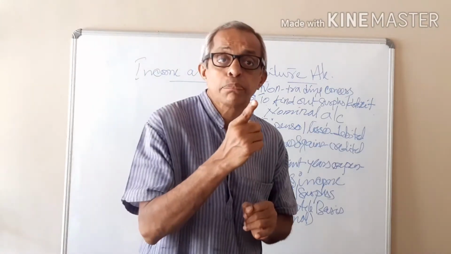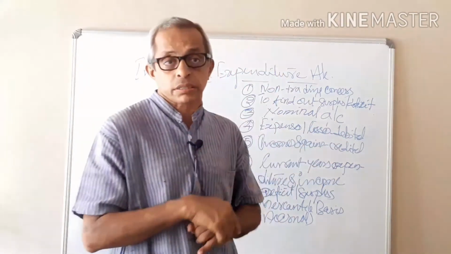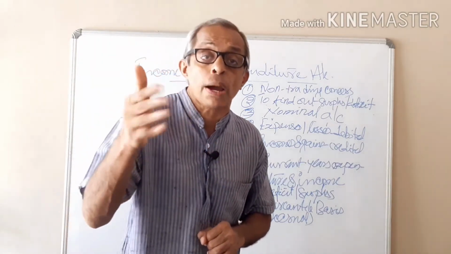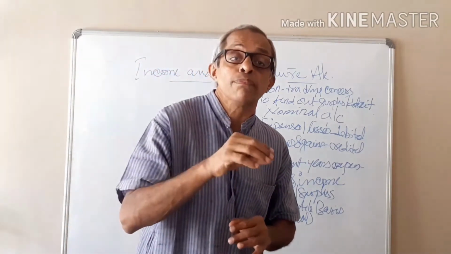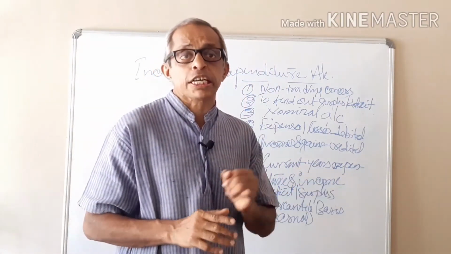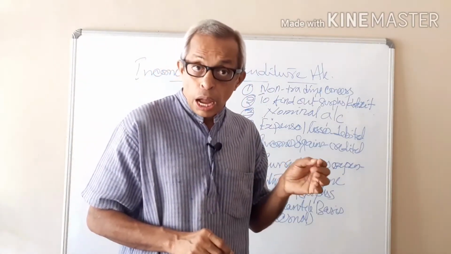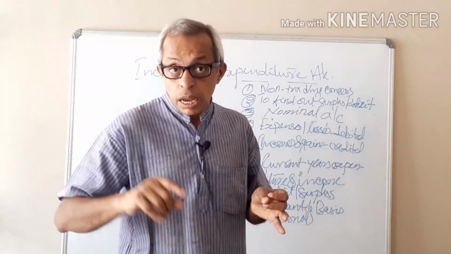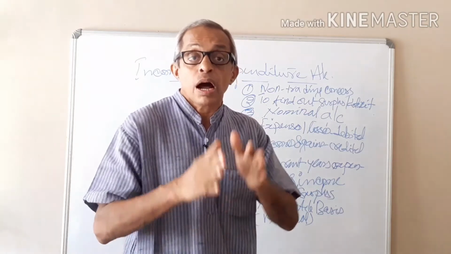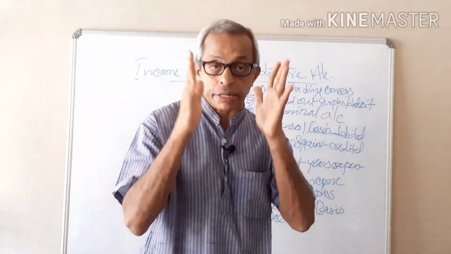That means it excludes all expenses belonging to previous years, and if there is any advance payment, that amount will be deducted. So previous year's payments as well as paid in advance will be deducted from actual payment made.